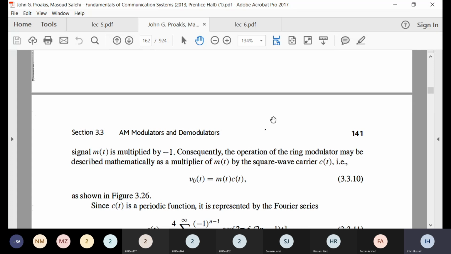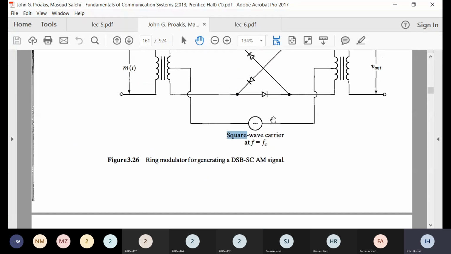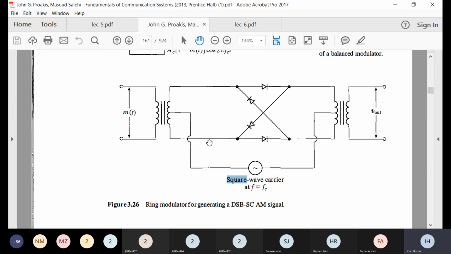So it again means that we are multiplying, once these two are conducting. In effect we are multiplying m(t) when the signals are going in this direction.